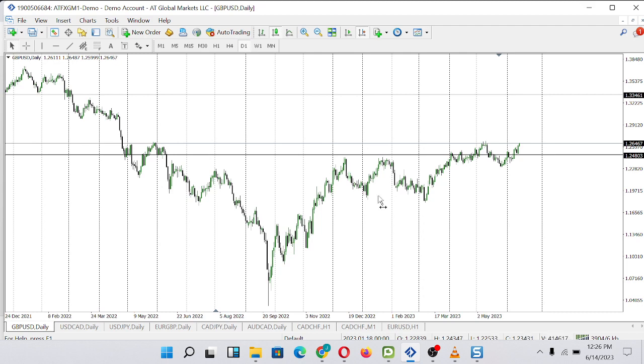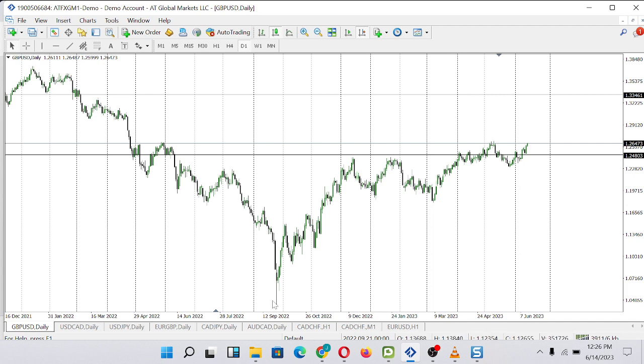Now from this pair, this is our low. It made a high here. It made a higher high. Or better still, let's start from the bearish move, right? It made a high, a low, lower high, lower low, lower high, lower low, right?